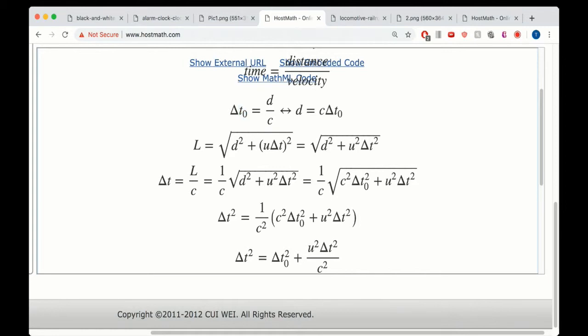So this should be equal to the distance d between the two mirrors over c, the speed of light. If we rearrange this equation for d, we'll get that d is equal to c times delta t0, which we'll use later on.